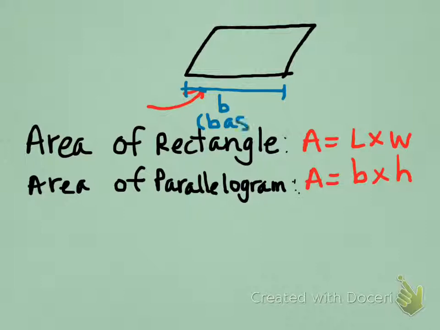So this is your base, which stands for B in your formula. And this part here, I'll change it to yellow. Remember we had the visual where if we cut that piece off, it becomes a triangle. Well, this is what we call the height, which stands for the H, and we'll put the height in parentheses here.